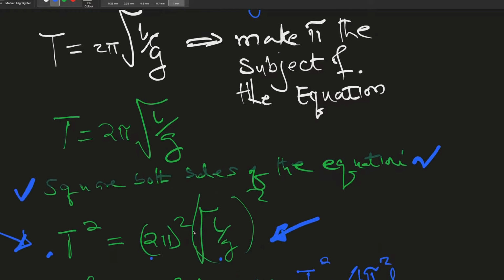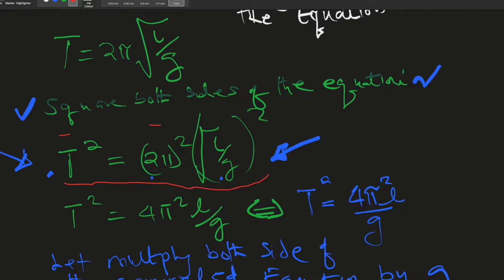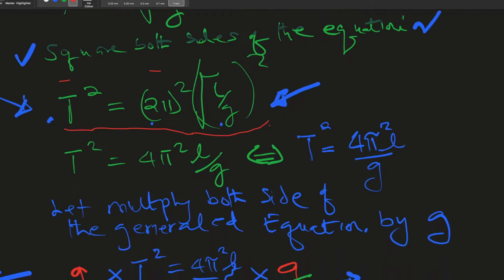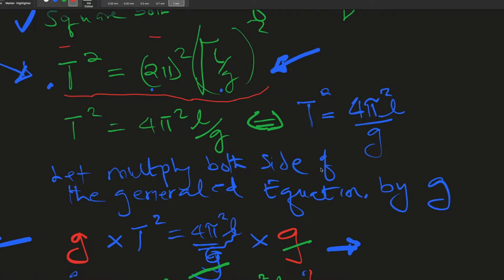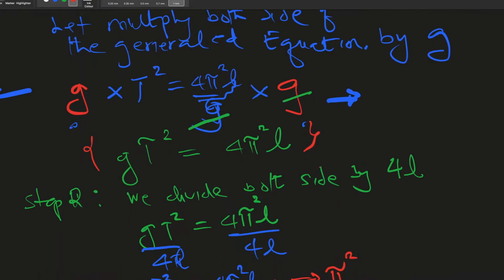Now, when we square both sides of the equation, we square the T. We'll square the 2 pi squared, and we'll square the L over G. Then we have T squared is equal to 4 pi squared L over G. And after that, we multiply through by G. Then we have GT squared is equal to 4 pi squared L.